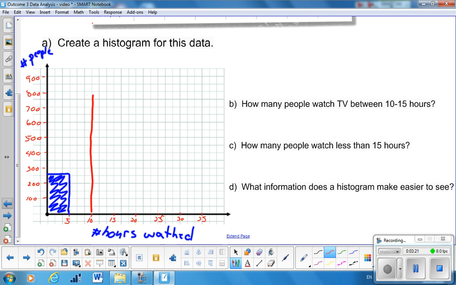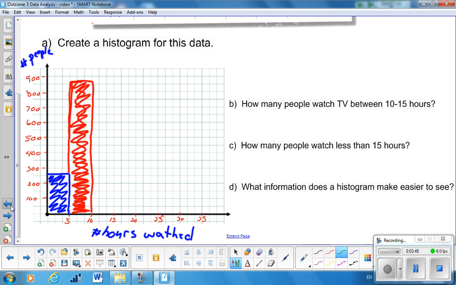There's 875. So that would be 850 and partway through. Remember that on a histogram, our bars are going to be right next to each other because it's continuous data.